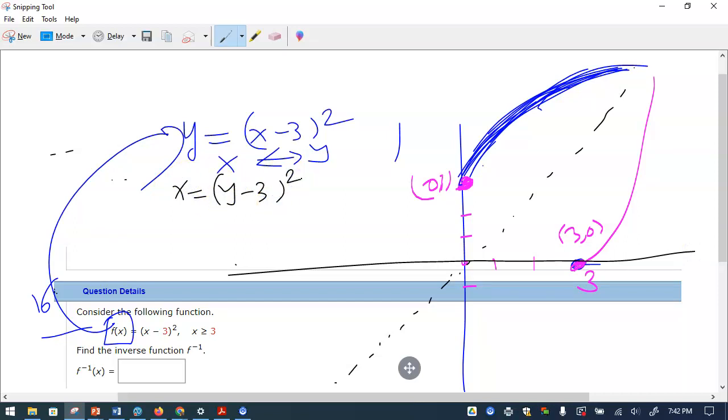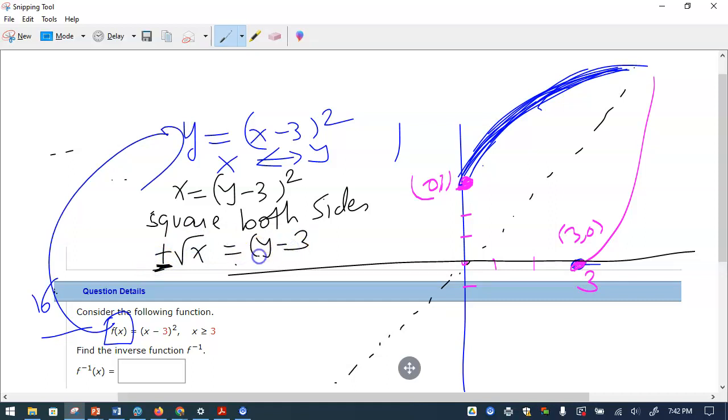Now solve for y. Put a square root on both sides. When you take the square root, it is plus or minus the square root of x equals y minus 3.